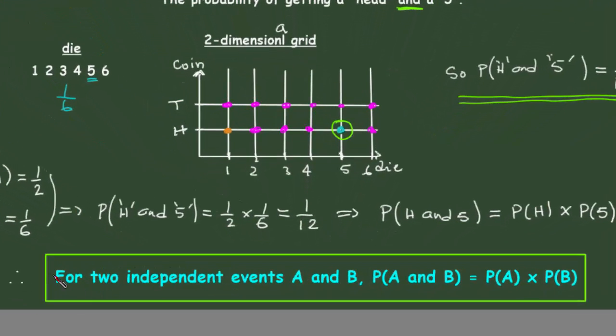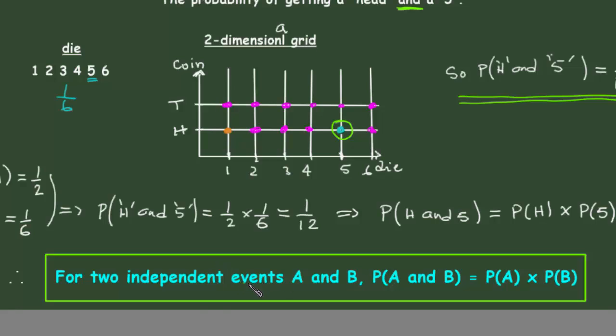And this brings us to say, therefore, that for two independent events, A and B, the probability of having A and B is equal to the probability of having A times the probability of having B separately. This is the basic formula to use when it comes to independent events.